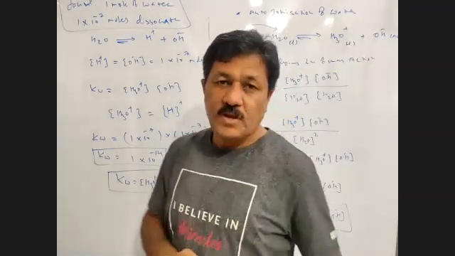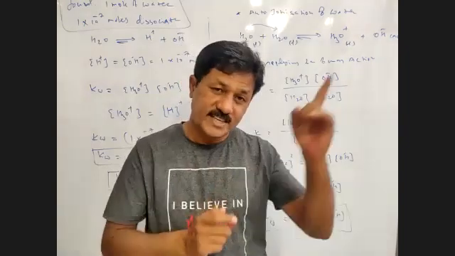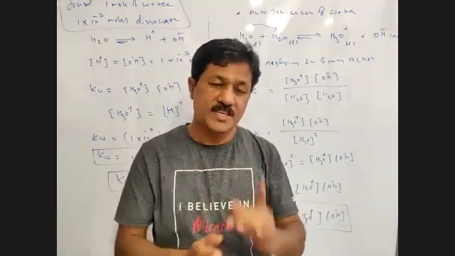The topic was, we were discussing the dissociation constant of acid, that is Ka, and the dissociation constant of base, that is Kb.